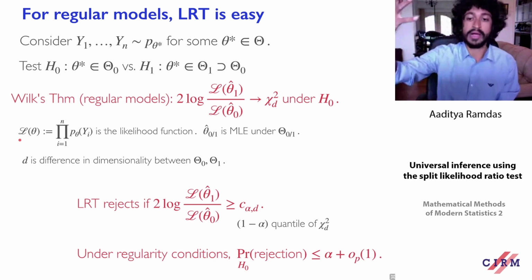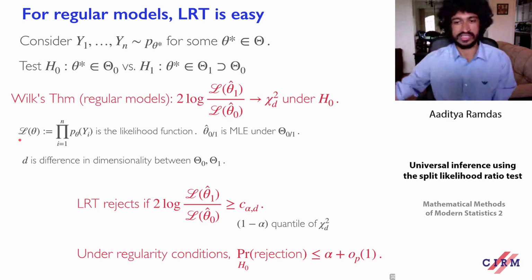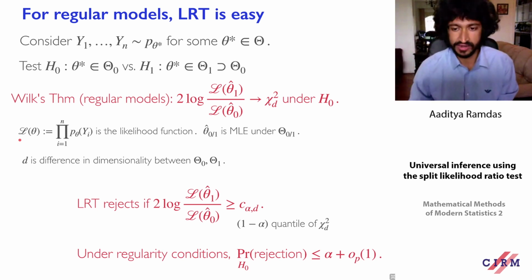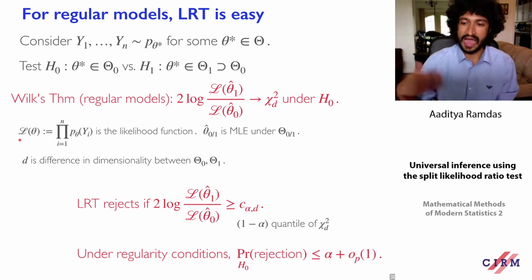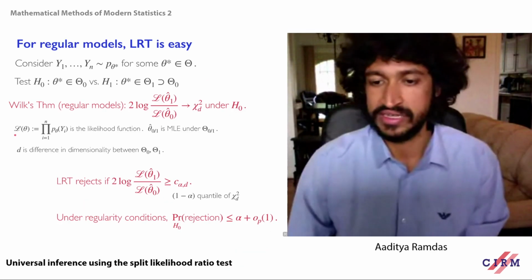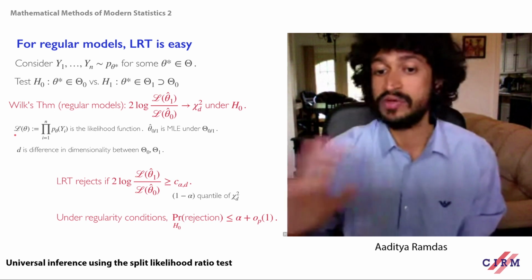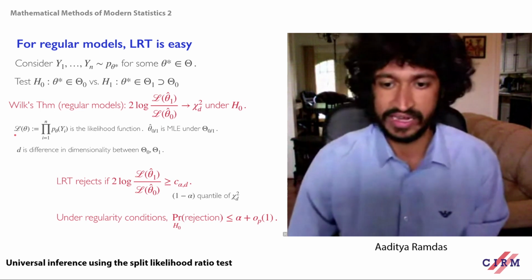If the alternative is much more likely than the null, meaning larger than some threshold, then we reject the null. Very reasonable. What we know is that under regularity conditions, the probability of falsely rejecting the null, that is, the null is true but we reject, the type 1 error, is at most alpha plus small o_p(1), so it's asymptotically level alpha. Okay, so for regular models, everything is great, the likelihood ratio works well.